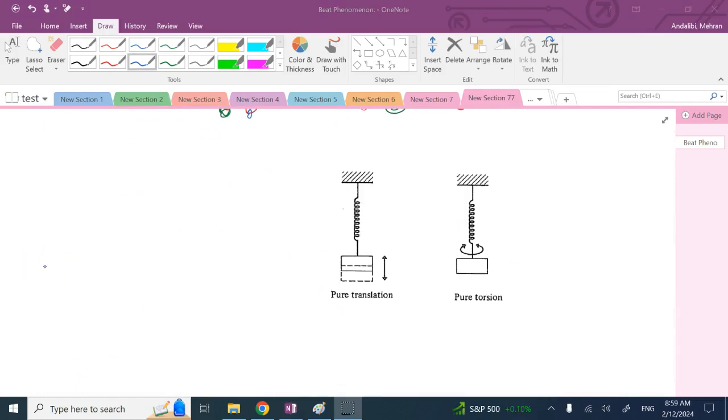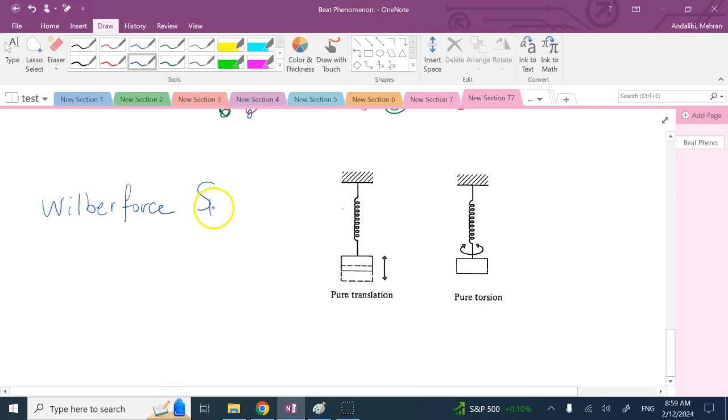Just as the last thing to say, there is another example if you want to see here, and this is called the Wilberforce spring example. And in here also you have a mass.